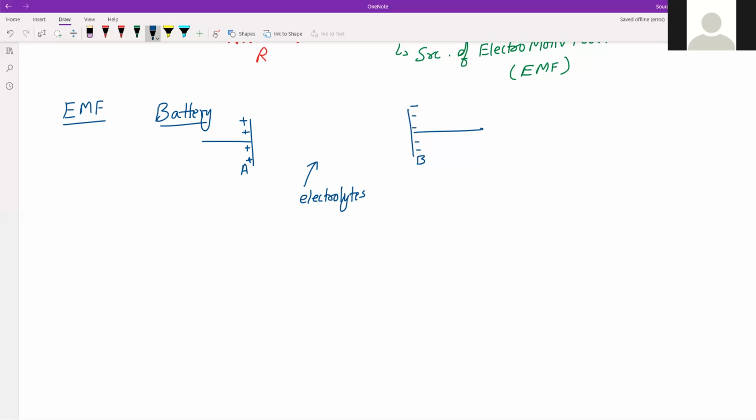That means there will be a field. There is a charge separation, so there will be a field. And if there is a field, there will be some potential difference generated between these two.